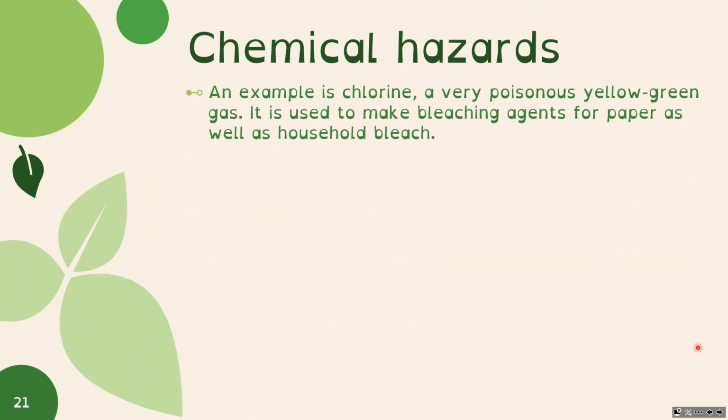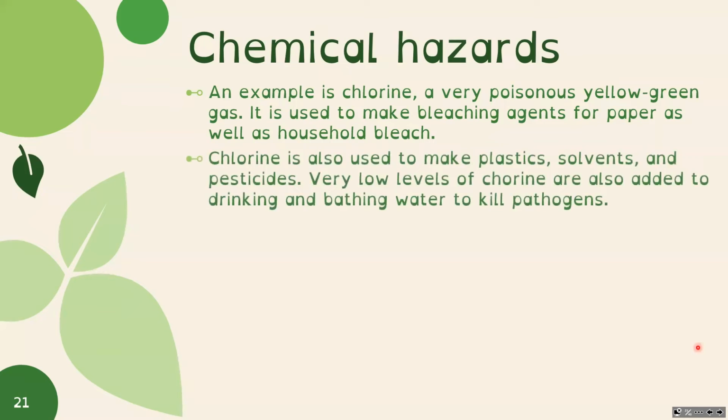One example is chlorine, which is a very poisonous yellow-green gas, and it's used to make bleaching agents for paper as well as in household bleach. So chlorine is something that we use, but it is really poisonous when it is in gas form.